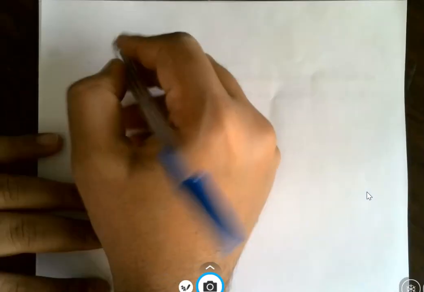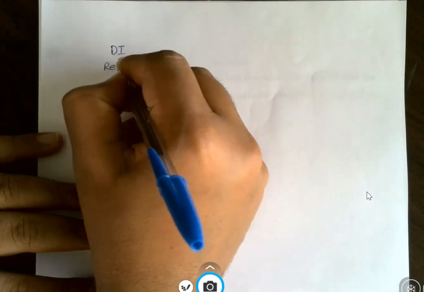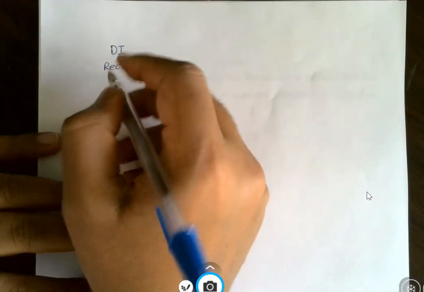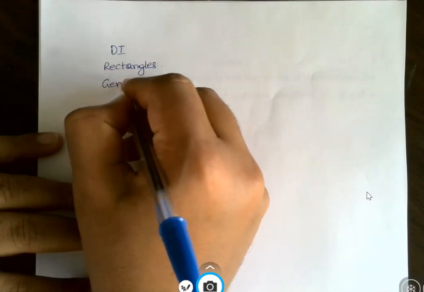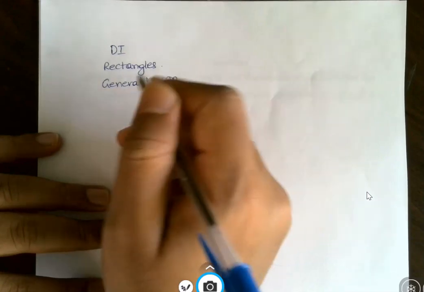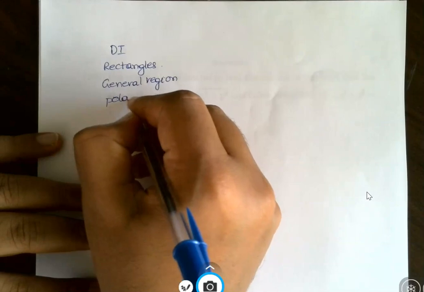As we explained, first you studied double integrals over rectangles, then over general regions. Then you studied double integrals using polar coordinates.